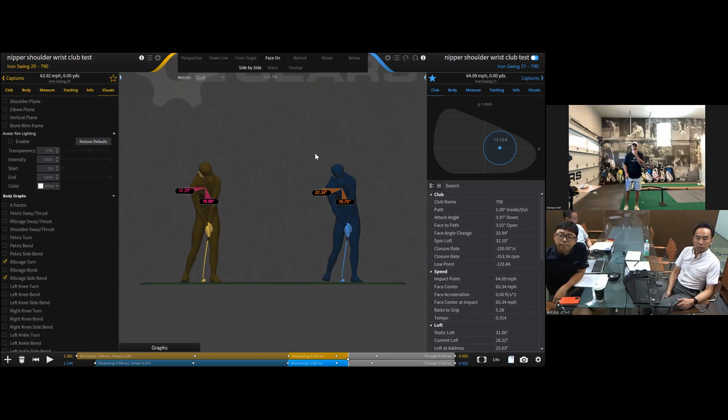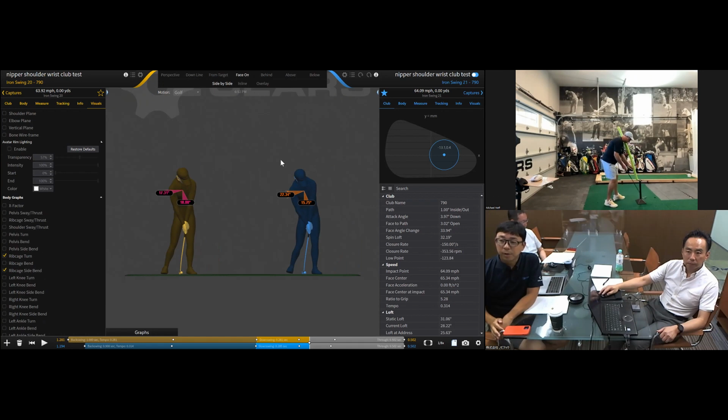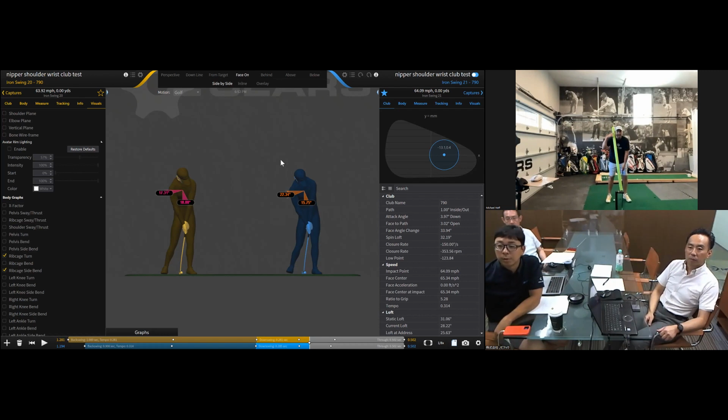Okay. So what I did with the player was I had him feel like he was going like this, lowering the club without the head going back. So I would just hold his head. He lowers his hands without the head moving back. So I'd put a noodle here, on the right side of the head.